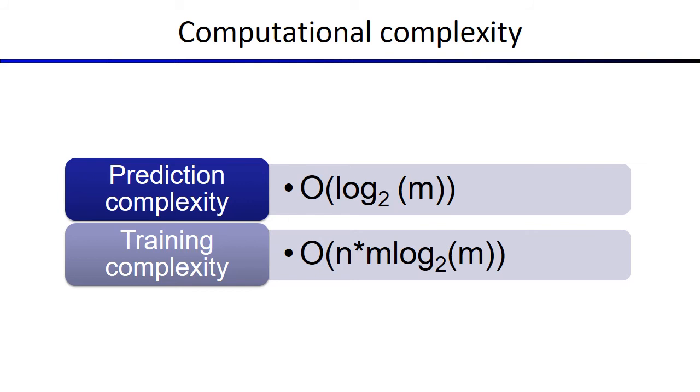This results in a training complexity of big O of n times m log m. On another note, the CART algorithm is a greedy algorithm. It searches for an optimum split at the top level, then repeats the process at each subsequent level.